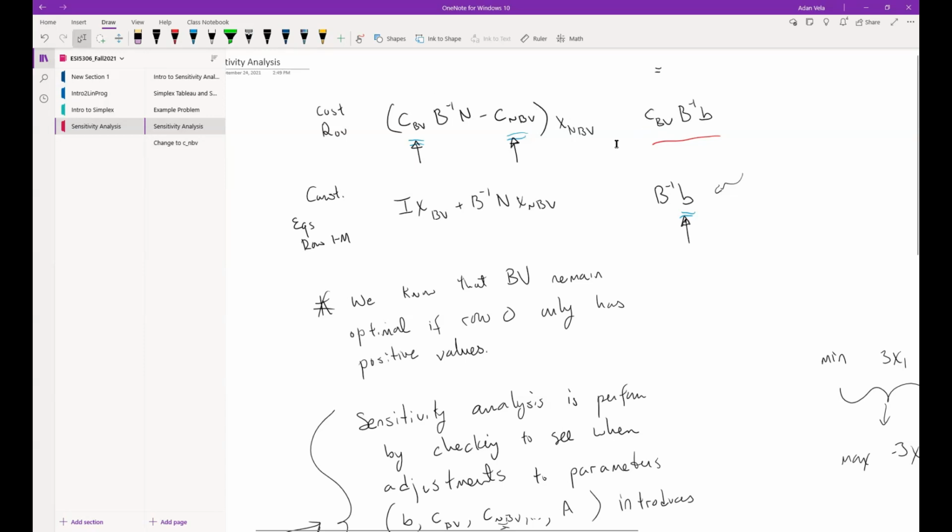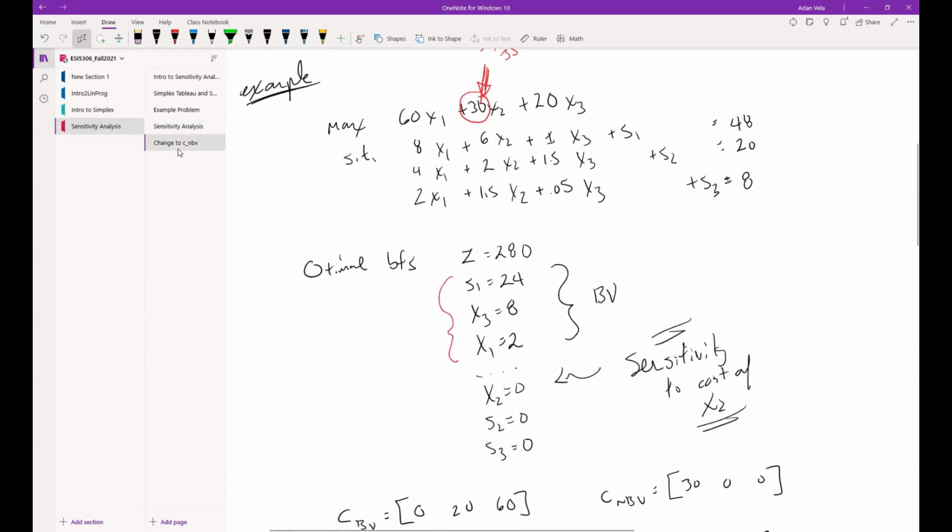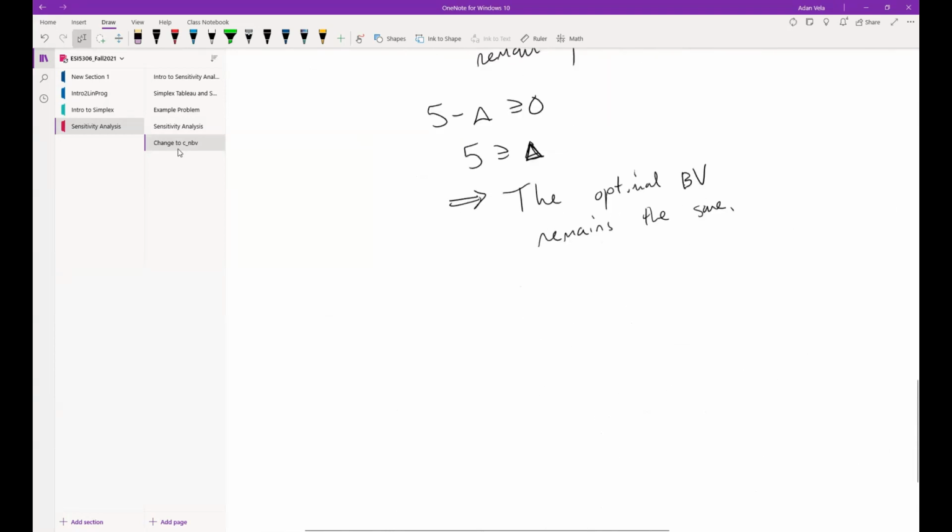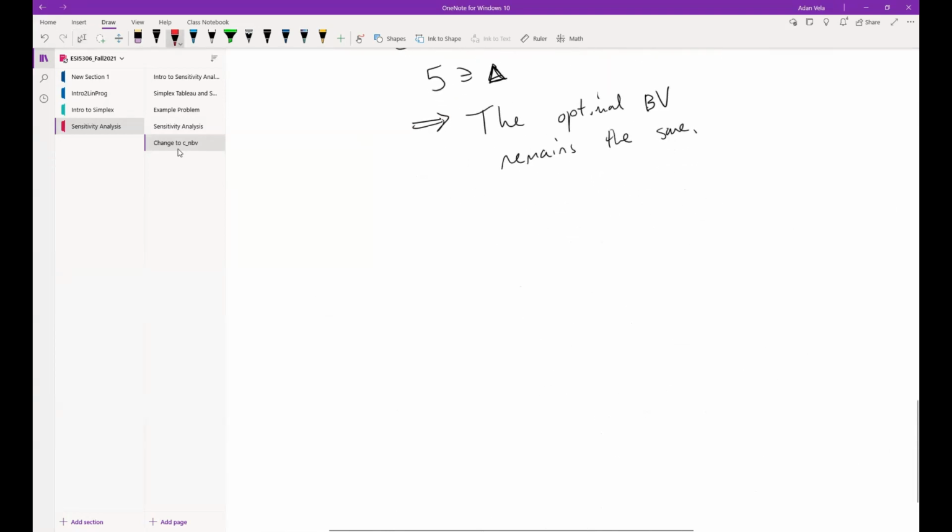It's just CBV of the basic variables. So furthermore, and this is a big point, if delta is less than or equal to 5, then X2 remains 0.